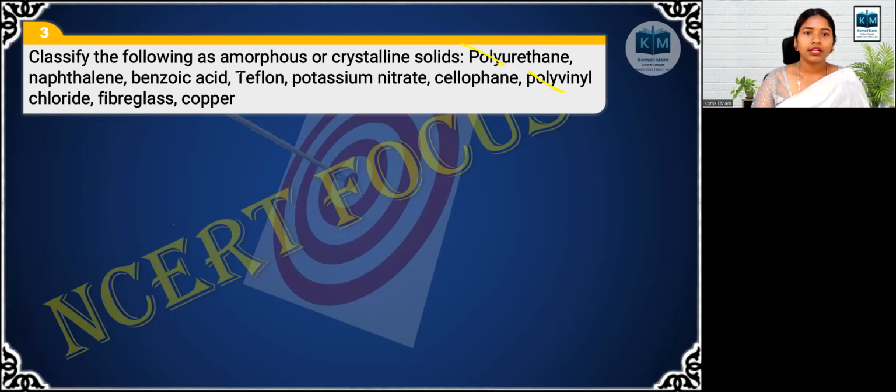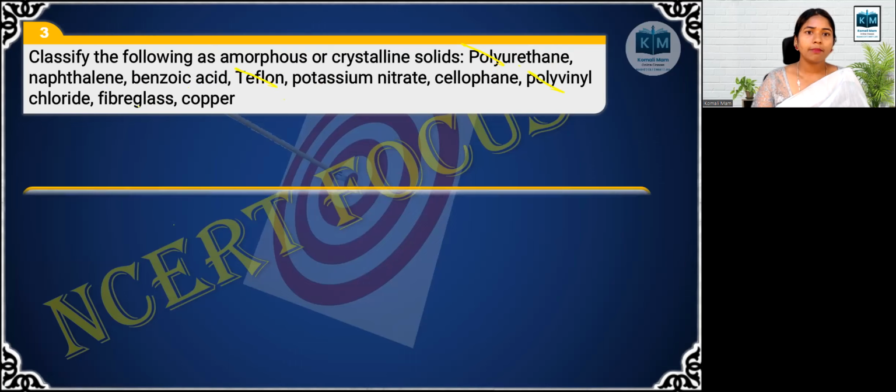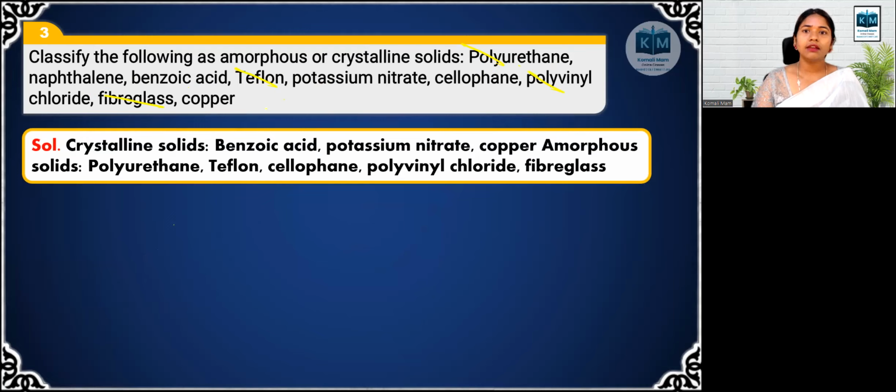And Teflon is also actually a polymer. Next, fiberglass. These are amorphous: polyurethane, Teflon, cellophane, polyvinyl chloride, fiberglass. You should keep this in your mind. Crystalline solids are naphthalene, benzoic acid, potassium nitrate, copper.